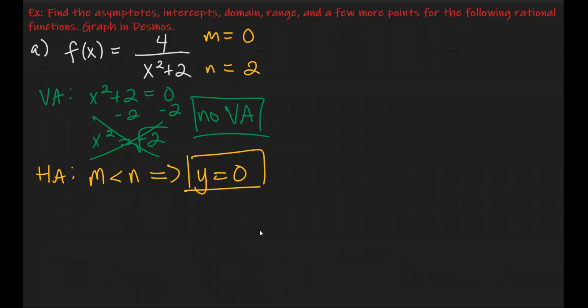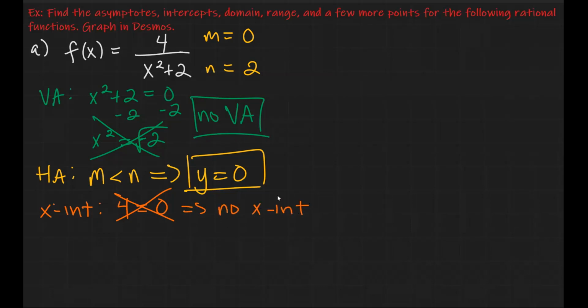Now let's go ahead and find some intercepts. Let's start with the x-intercepts. What do we do? We set the numerator equal to 0. We get 4 equals 0, which is not true, right? So whenever you get something like that, when you don't have an x in the numerator, that means we have no x-intercepts.